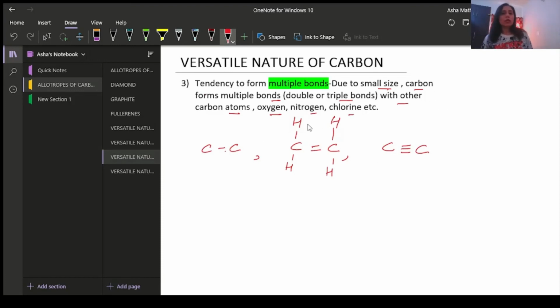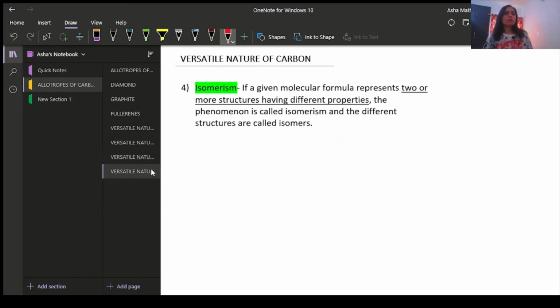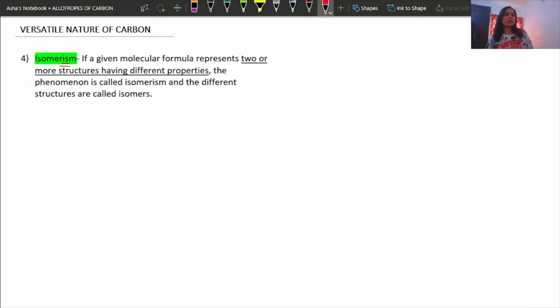Now let us go to the next property which again makes it versatile, which is isomerism. At this stage isomerism is a little difficult to understand, because you have not yet understood how to write alkanes or hydrocarbons and their naming, but still I'll give you a brief here and I'll show you the isomers in the next session.